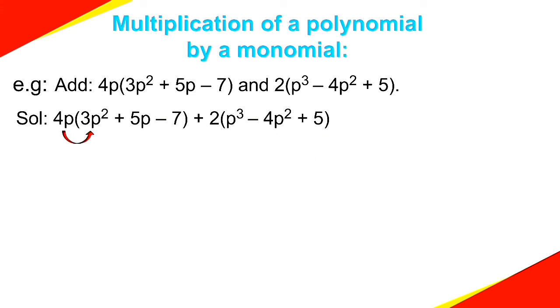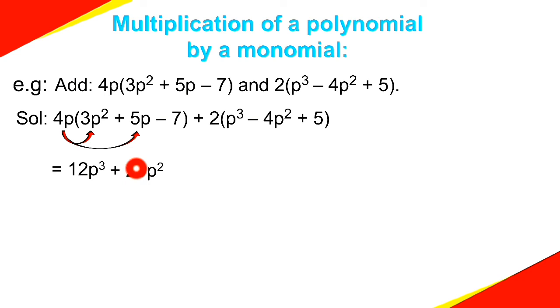Now the first one is 4p into 3p². Right? 4 3s are 12, p power 1, p power 2. So 2 plus 1, 3. So we got p power 3. The next one is 4p into 5p. 4 5s are how much?